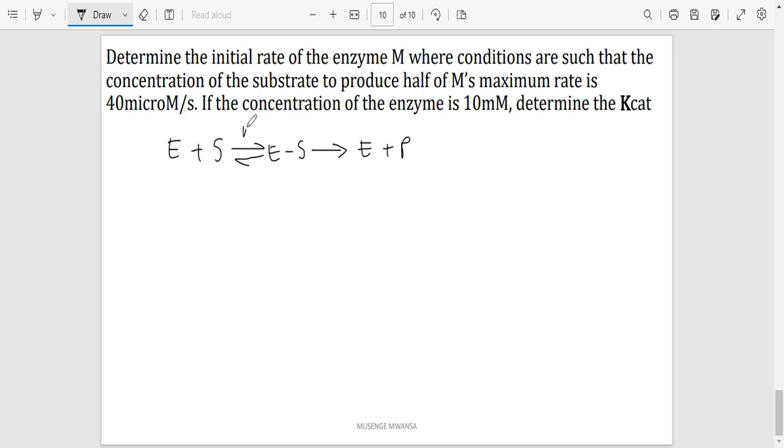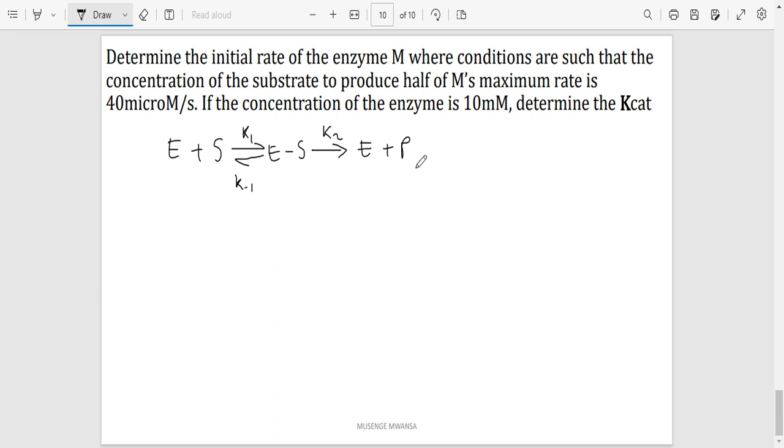At this point, we have the rate of the reaction K1, and at this point, we have K2. If I'm going in the opposite direction, I'm going to have K negative 1.